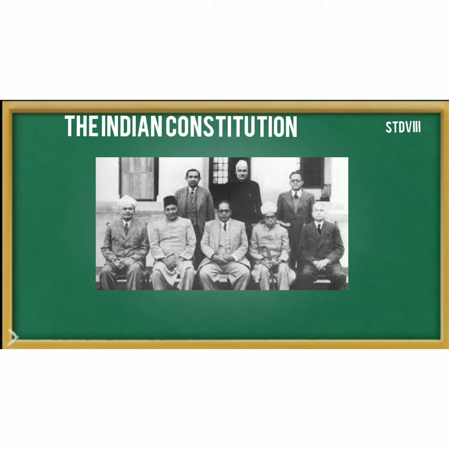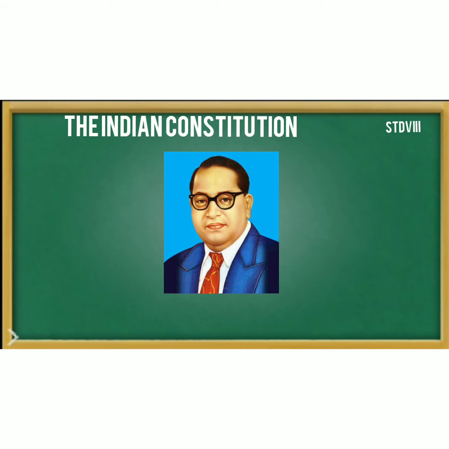This drafting committee. And in this committee, there were 7 members. Okay. And the chairman of the committee was Dr. B.R. Ambedkar. You know, Dr. B.R. Ambedkar is known as the father of the Indian Constitution, right?